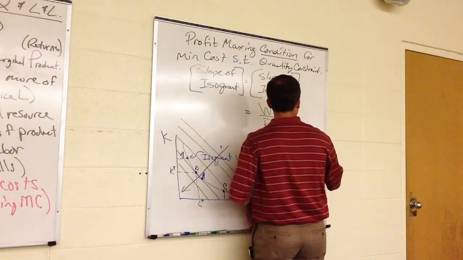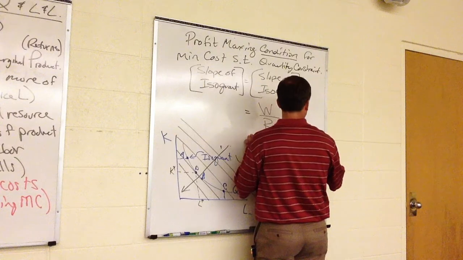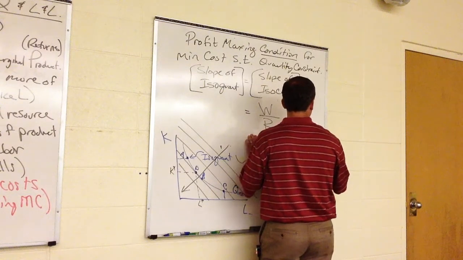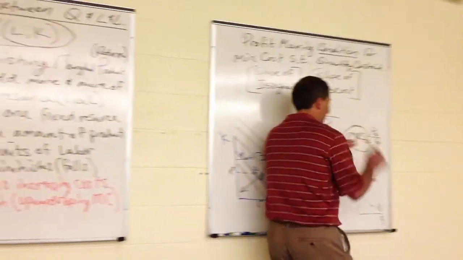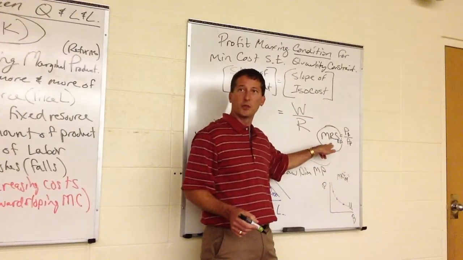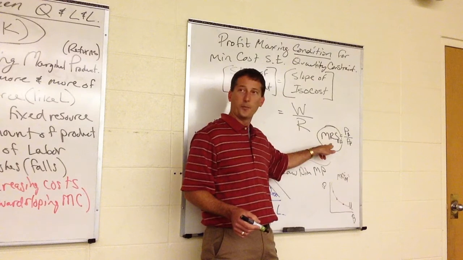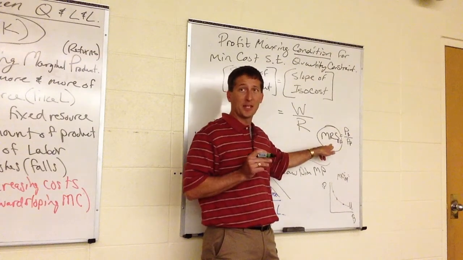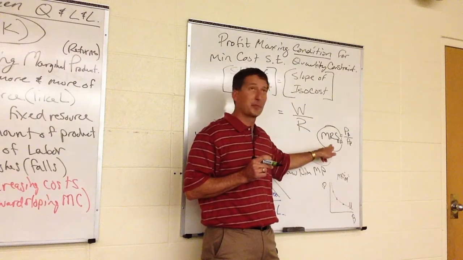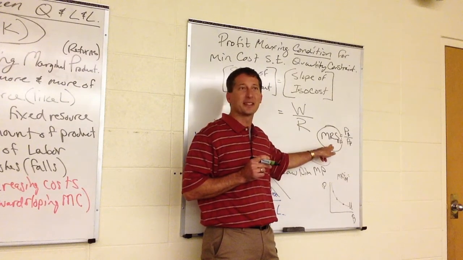So what you were saying, this is price of beer over price of pizza. This is correct, but this has more meat to it. What is this equal to? No. It's the ratio of something that you definitely need to know desperately for next week on Wednesday.